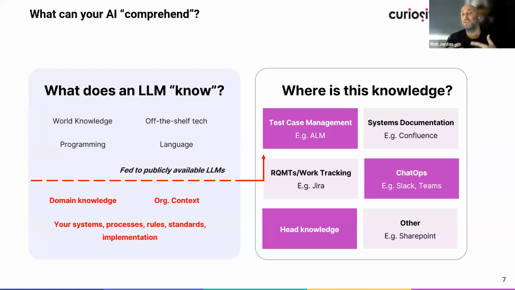Because a lot of that knowledge today is stored in test case management systems, or it's stored on Confluence, for example, or it's stored in Jira. A lot of that information isn't available to LLMs, and actually a lot of that information is head knowledge. And therefore it isn't even codified. Hence, how do you get the information to a source so that it can be used by generative AI? That's a big challenge.